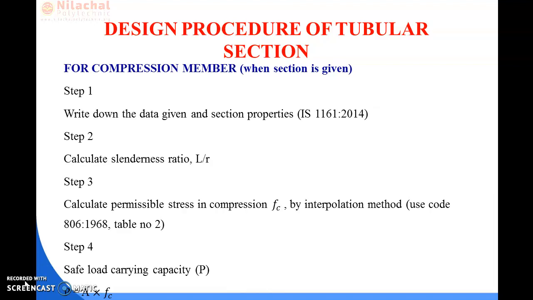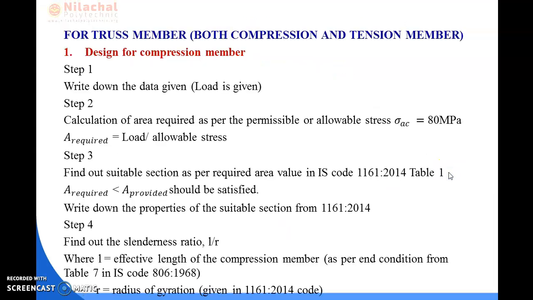In the last class we discussed the design procedure of tubular section for compression member, and today we will study the design procedure for truss member, where both compression and tension members have to be designed. So for the truss member we first design the compression member, and after that we design the tension member.